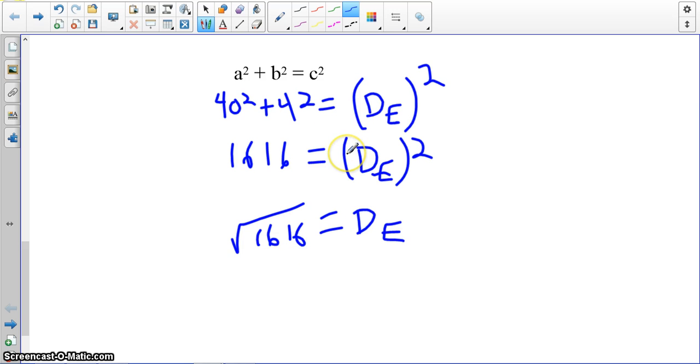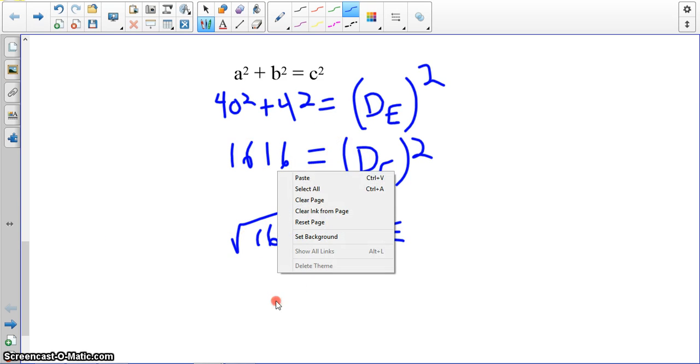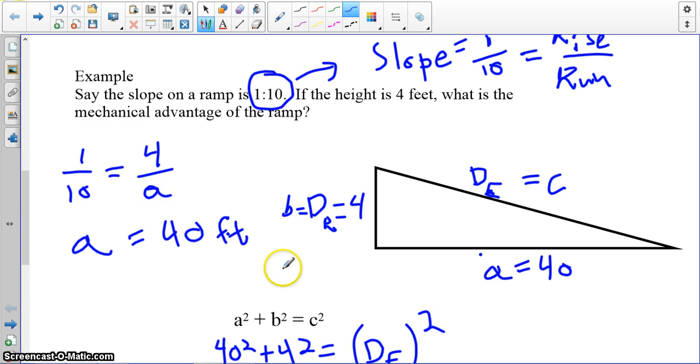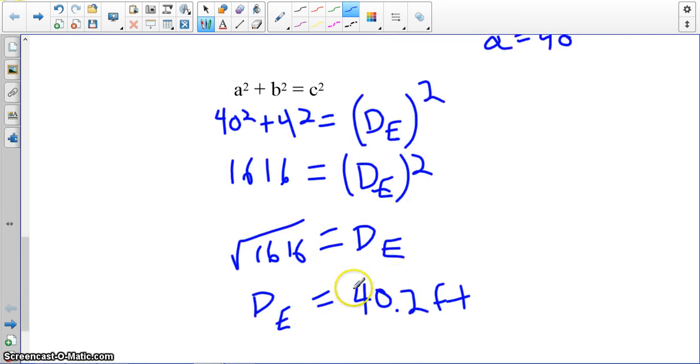And that is 40.2 apparently. Don't forget, you need a scientific calculator for this class. At least. The graphing calculator is cool too. But you definitely need a scientific calculator. And yeah, it's 40.2 feet.